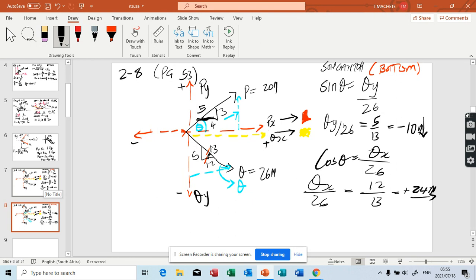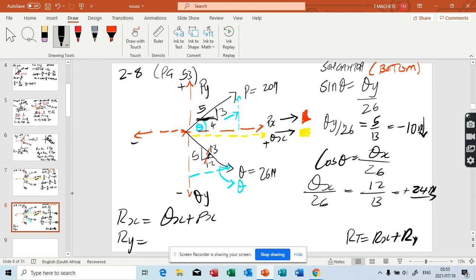So do you agree that we found our, let's just write here, Rx and Ry? Remember we said RT equals Rx plus Ry. So our Rx will be equal to QX plus PX. Ry will be QY plus PY. We go to QX.